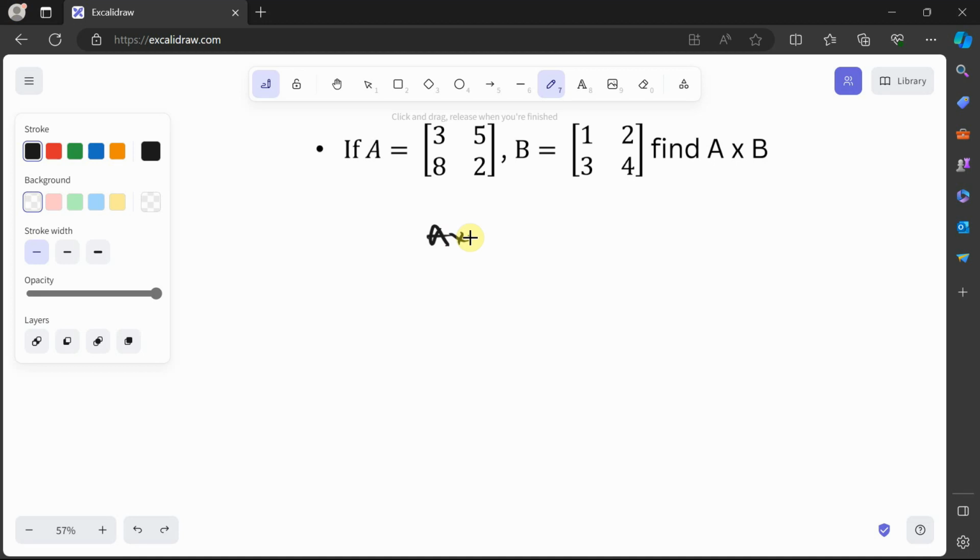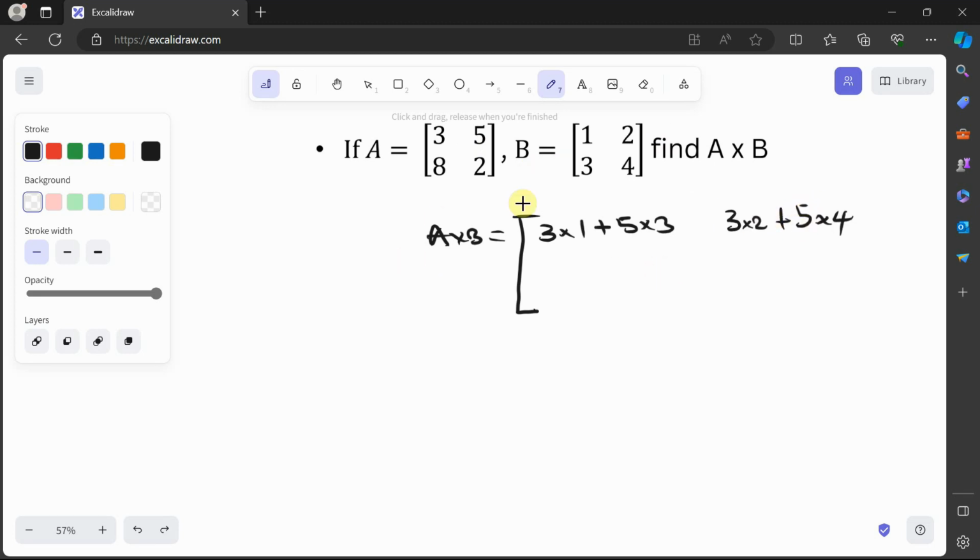A times B will be equal to, I will open up my brackets. For the first element, I will multiply row 1 by column 1. That will be 3 times 1 plus 5 times 3. For the second element in this resulting matrix, I will multiply the first row by the second column. That will be 3 times 2 plus 5 times 4.